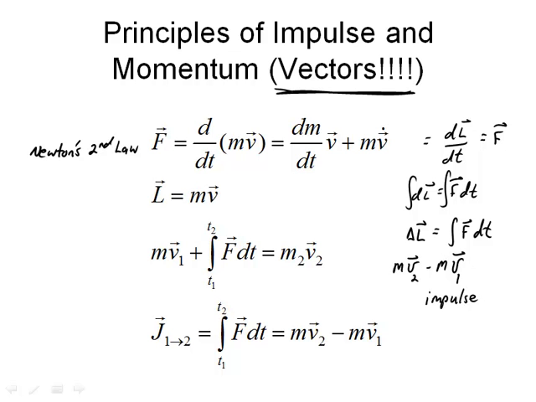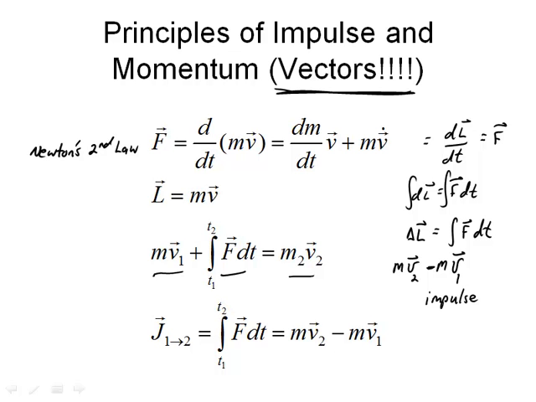And so you can see these last two lines. What I've done is I'm going to take this mass times velocity, which is negative, and I'm going to add it to both sides. That's going to bring it to the side of the equation with force. And so I get the initial momentum plus the integral of F dt equals the final momentum. So the change in momentum is the impulse.